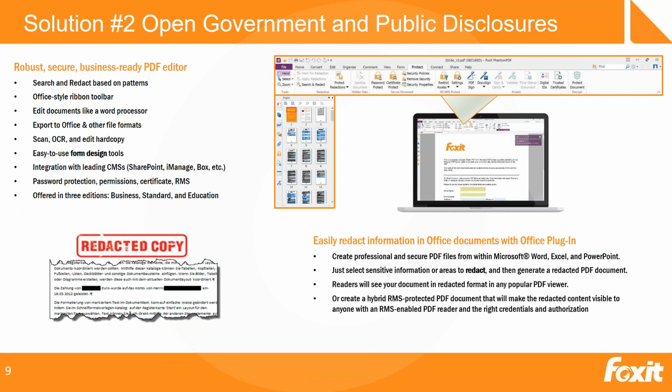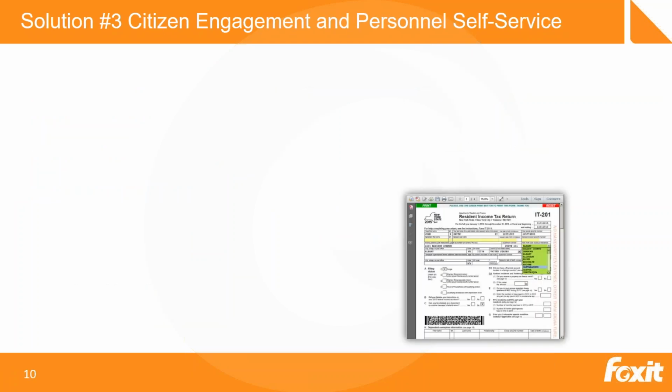PII needs to be fully protected, and so we have many capabilities, whether it's within our Phantom PDF editor, which Frank will show, or automatic redaction through our server technology, based on pattern recognition. And we can also do redaction through an Office plugin that we offer. So it's basically very, very high performance ways of doing redaction for whatever environment that you're in.